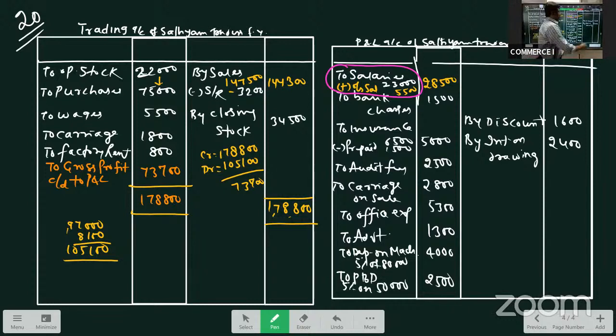So 73,700 will be taken to the P&L account here by gross profit brought down. Now do the total of this.